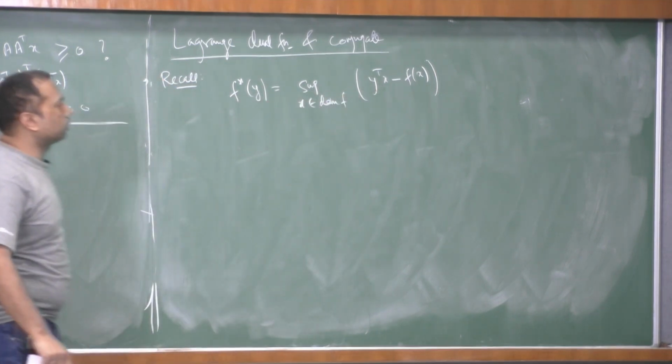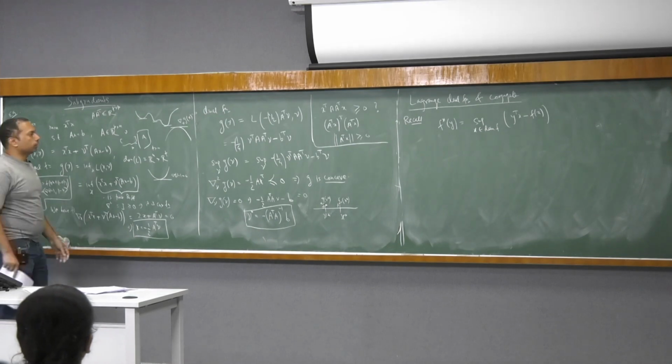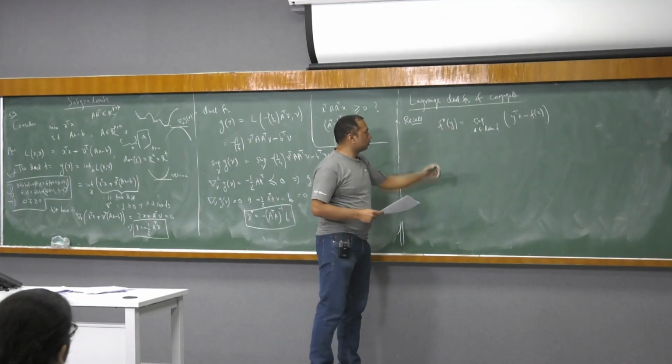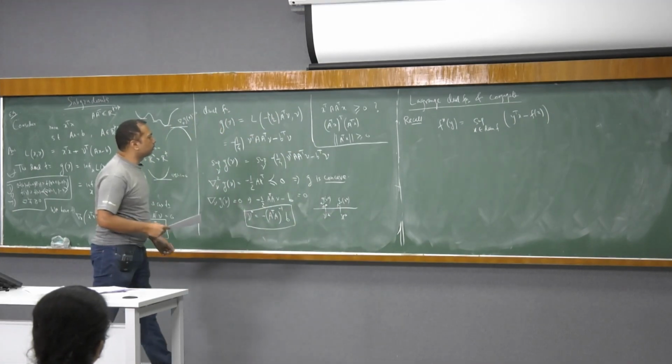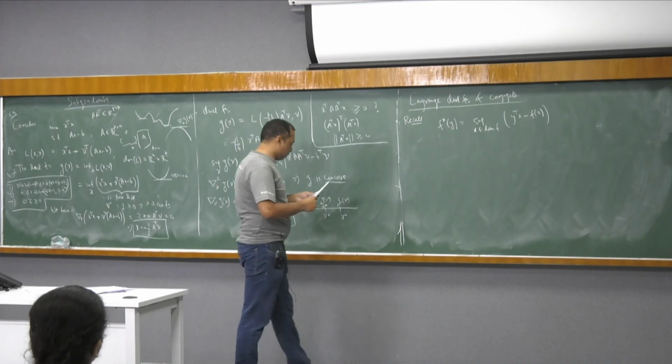The supremum of linear functions is convex. So the supremum of convex functions is convex. All this we recall. Now the question is how it could be used in solving a problem via the dual. Let us see that.